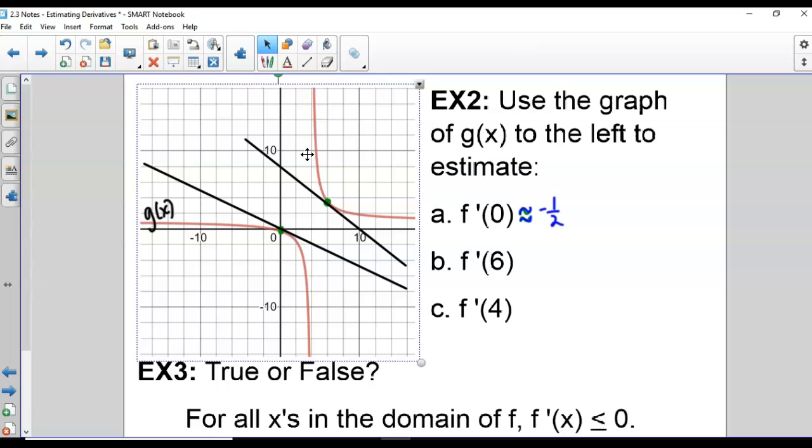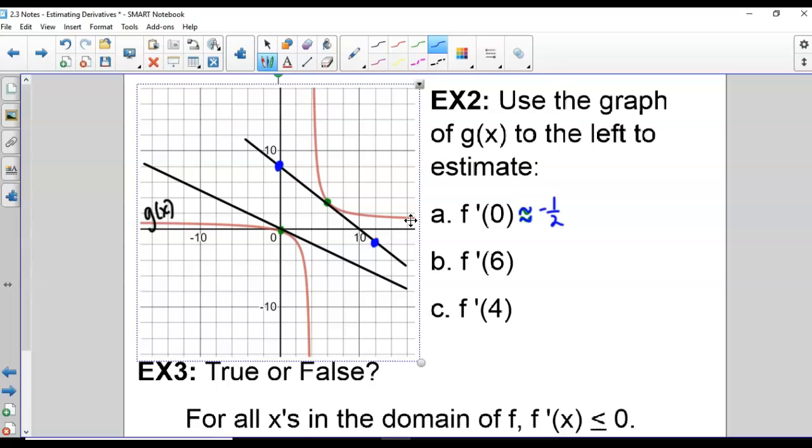Sometimes it's a little hard to see, especially when estimating, because nothing looks like it really hits on grid lines very well, does it? Let's see. Here's a point. That's pretty close to grid lines. And that one's pretty close to grid lines. Let's count that one. So we'll go with that.